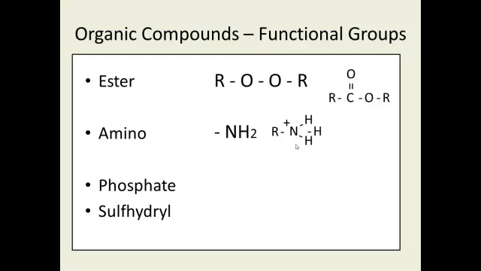Now let's look at the phosphate group. Remember, phosphates can form 5 bonds, so we can stick all sorts of stuff on a phosphate. This is how you're going to see it in your textbook when it's abbreviated. This is what it looks like when it's drawn out. You've got the rest of your organic molecule here. You've got your phosphate with 4 oxygens, one of which is double bonded.